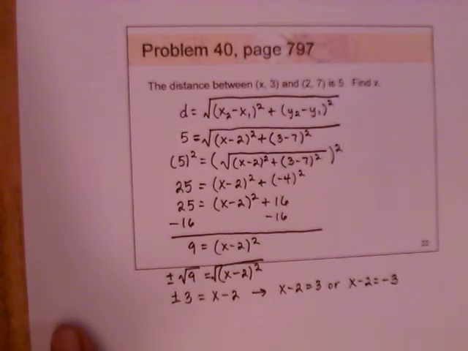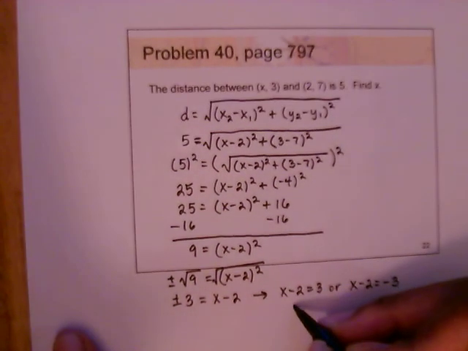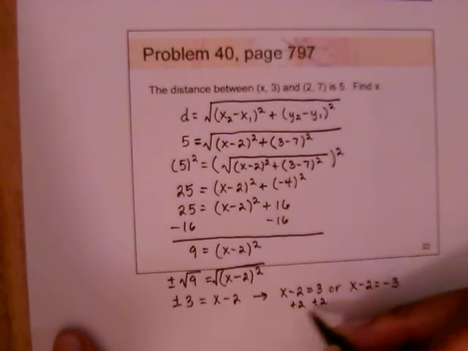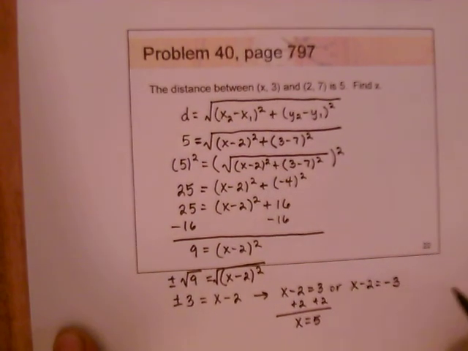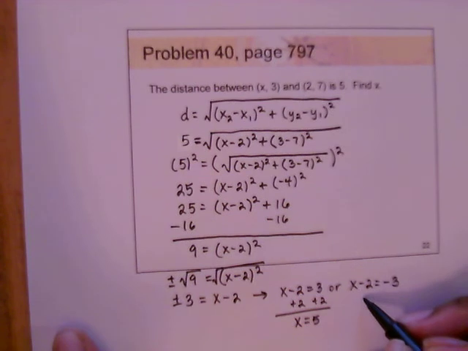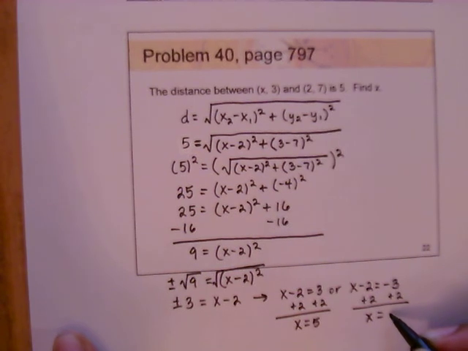And then we solve each equation for x. For x minus 2 equals 3, if I add 2, you get x equals 5. And for x minus 2 equals negative 3, if I add 2, you get x equals negative 1.